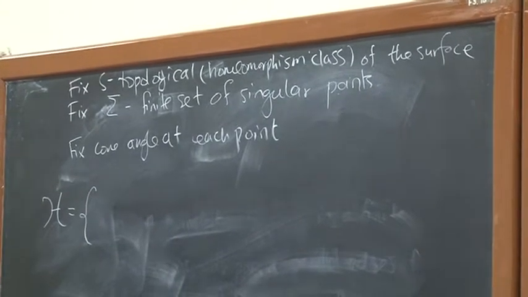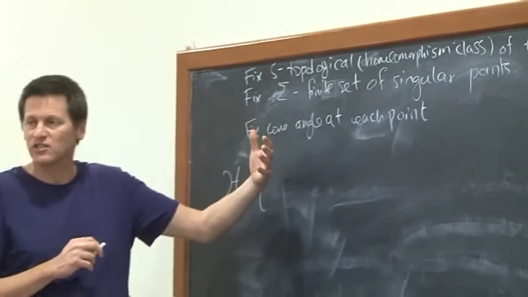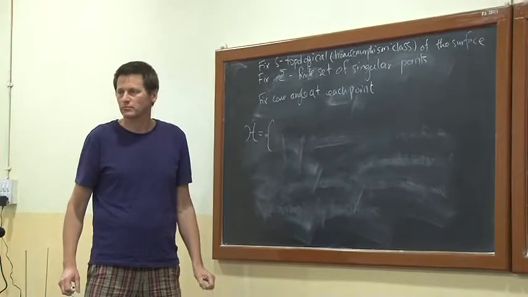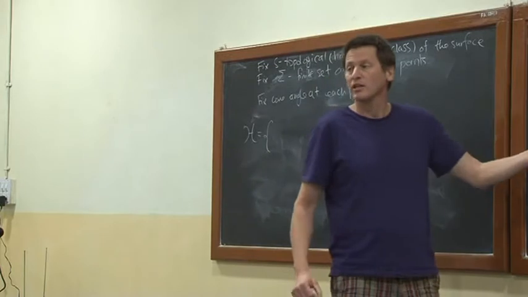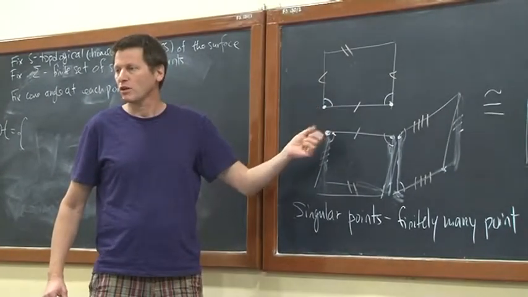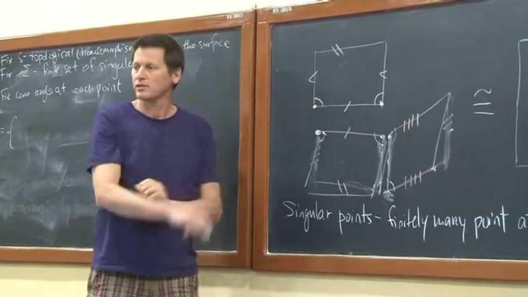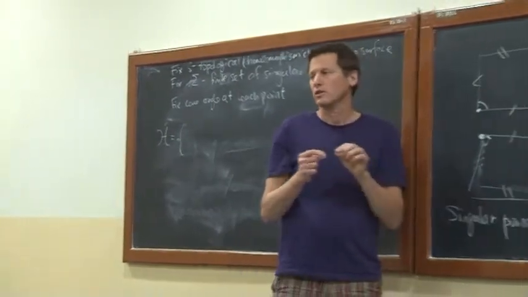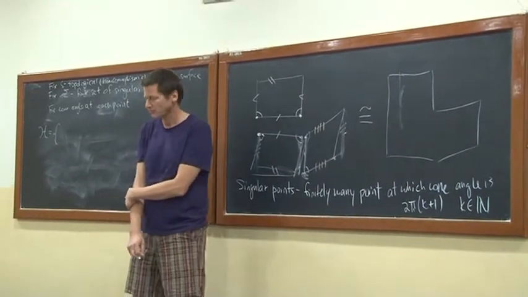Yes, when I'm describing the space, I have to fix the data. But then is it an SL2R invariant? Yeah, I just said it is. If we are given a presentation and we act by SL2R, we have the same vertices of the polygons, and the total angle around a singular point is preserved.